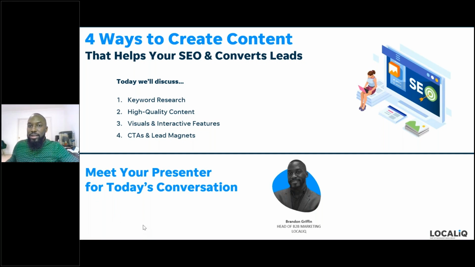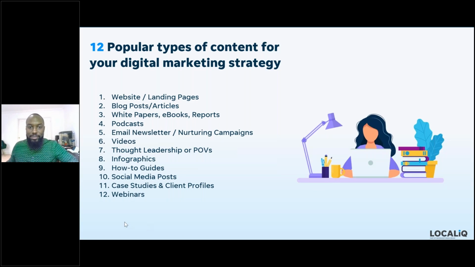Let's talk about content first. Content on the internet is essentially anything you see online, whether it's blog posts, videos, social media updates, or images, any type of content that's designed to share information or tell a story. And for businesses, it helps attract potential customers by providing useful or engaging material that speaks to their needs or their interests.